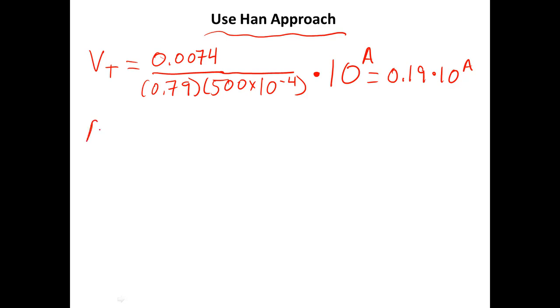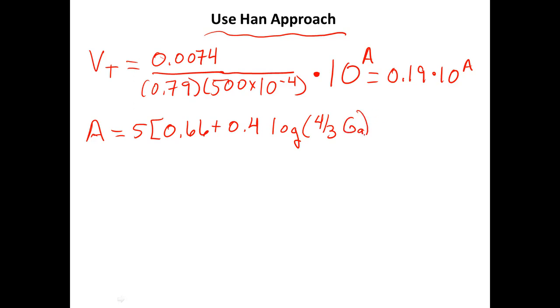Now, of course, we have to calculate that exponential constant A. So A has a rather long value, and included in that is the Galileo number, which we'll calculate separately here.